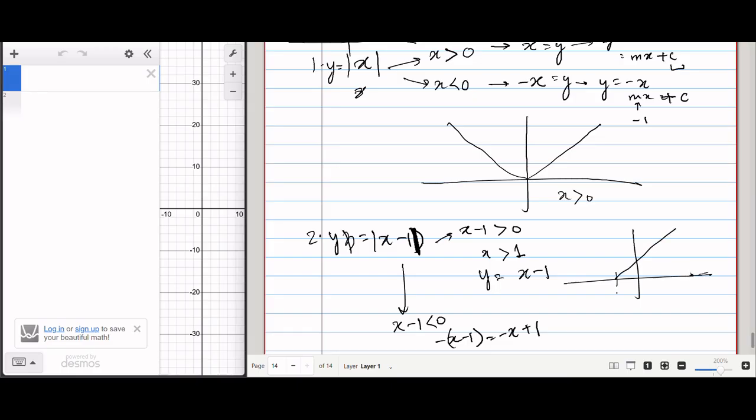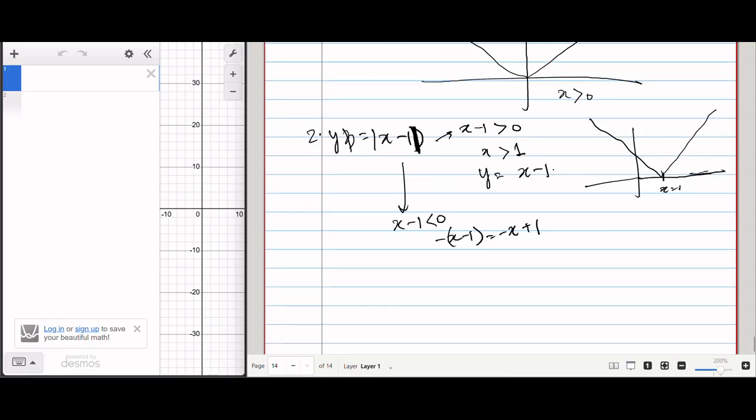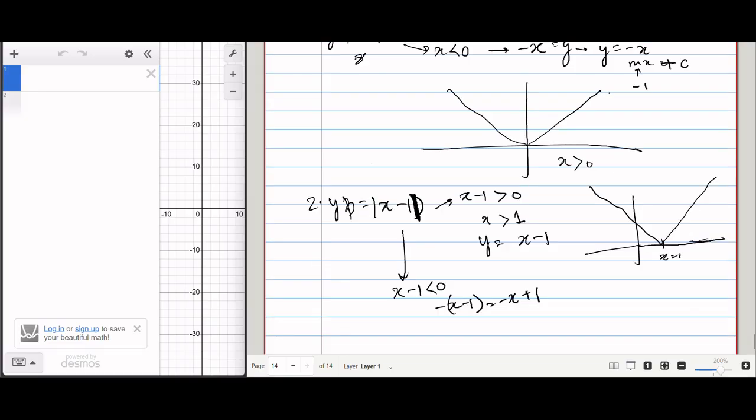Since it's x minus 1, at x equals 1 this is the vertex. This can be easily done by the shifting property. Since it's x minus 1, the y equals mod x curve will just be shifted by 1 unit towards the right, because it's minus 1.